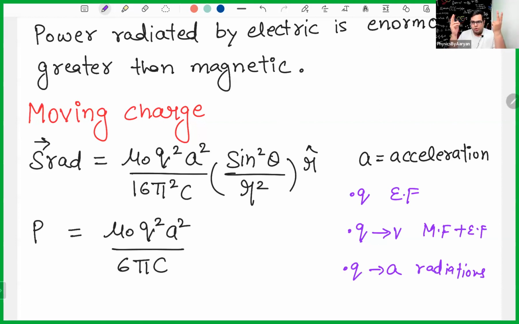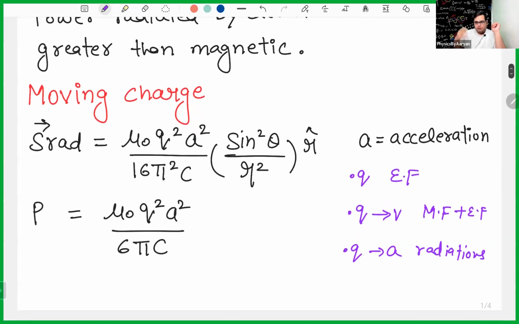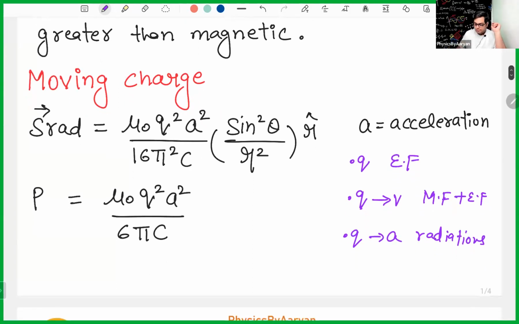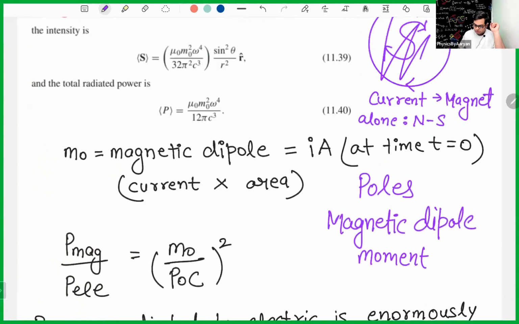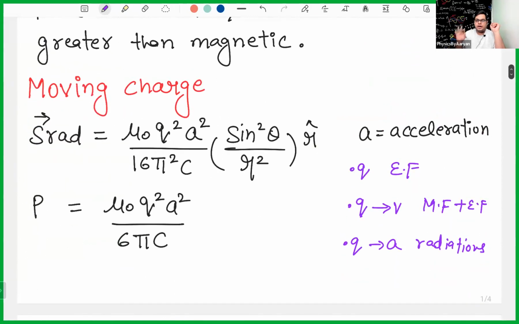Again, two formulas are required: intensity and power. How much intensity? Mu naught q square a square, where q is the charge and a is the acceleration, divided by 16 pi square c, times sine square theta by r square, in the r cap direction.